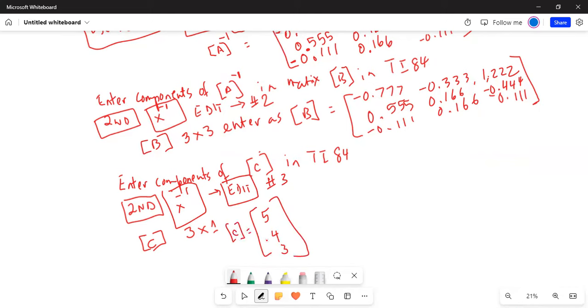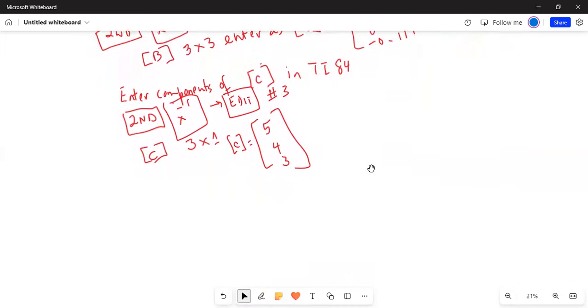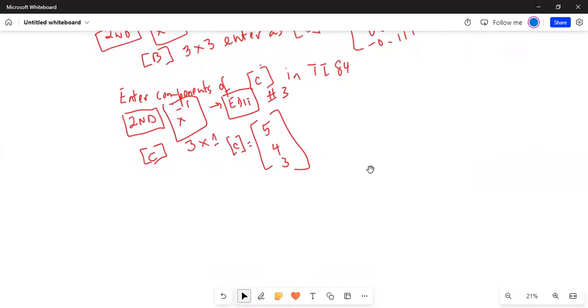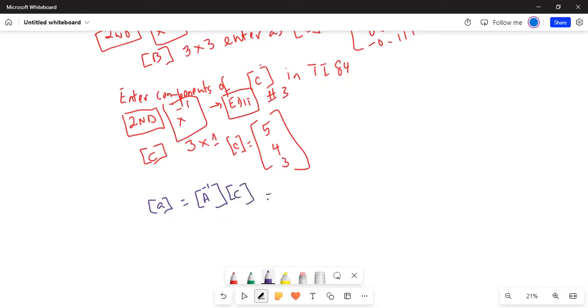Why did you do that? Because of your solution matrix. Let me change the color of the key. So remember, the solution matrix is X equal to A inverse times C. And we have entered the components of matrix A inverse in matrix B. So B multiplied by C will give you your solution matrix.